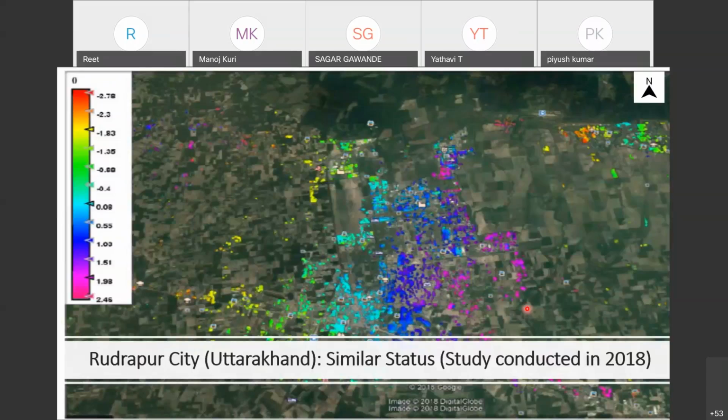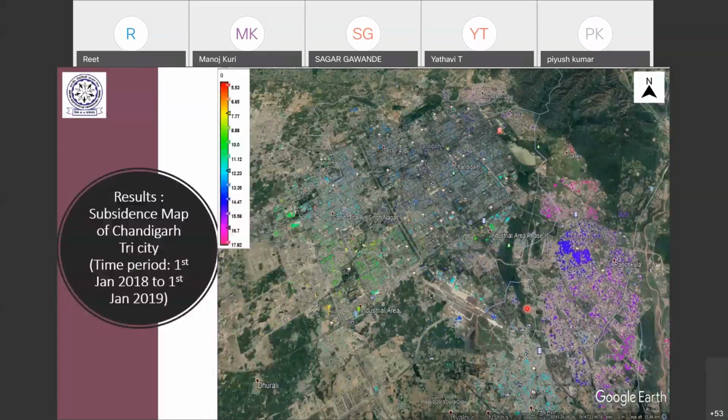That picture is not included here, but we clearly see that the buildings are already showing signs of damage, and many buildings in the airport area and in the Panchkula area are cracking. Some of the walls have cracked.